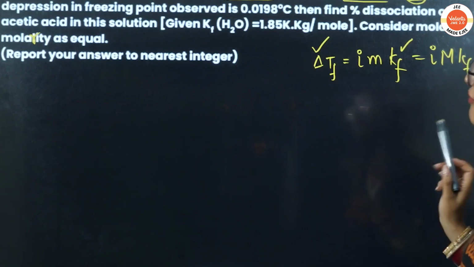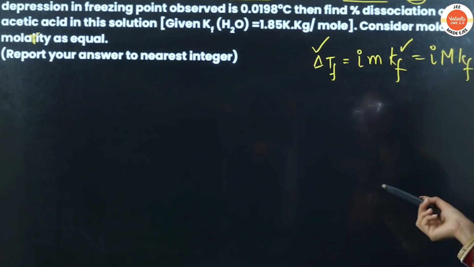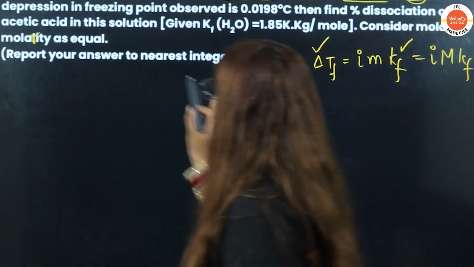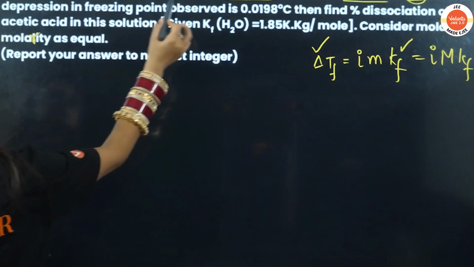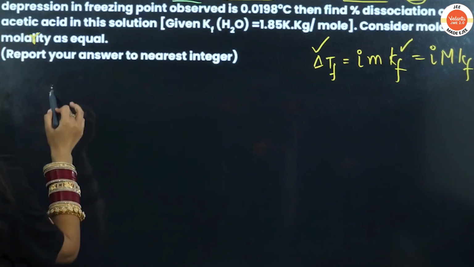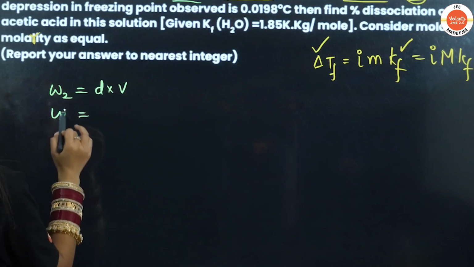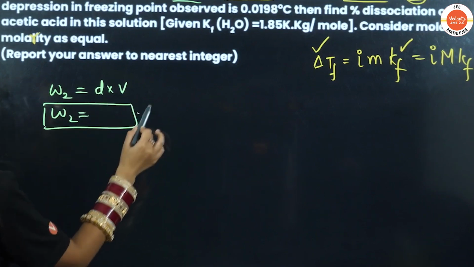Now 1.2 milliliter of acetic acid with density this. This is the weight of it. If volume is given, density is given, right? So weight of solute will be equal to density into volume, right? So here you can calculate the weight of the solute.